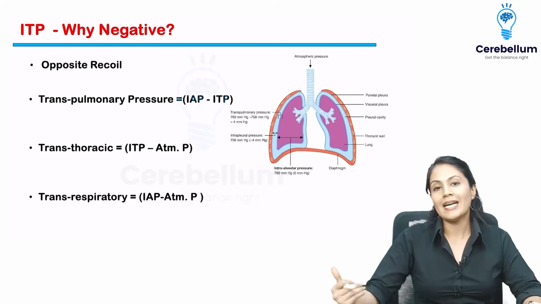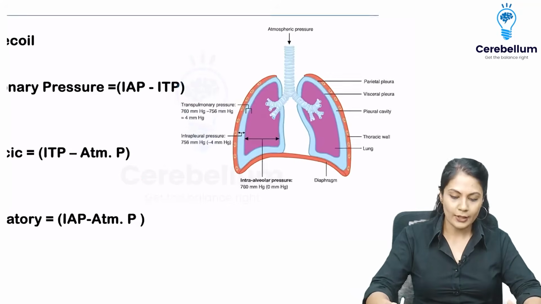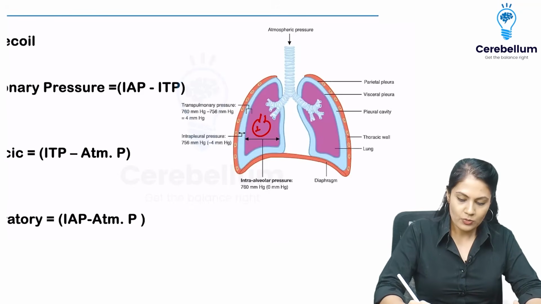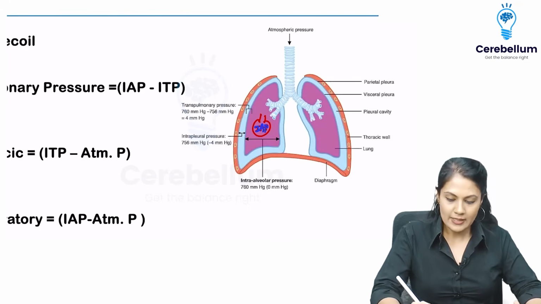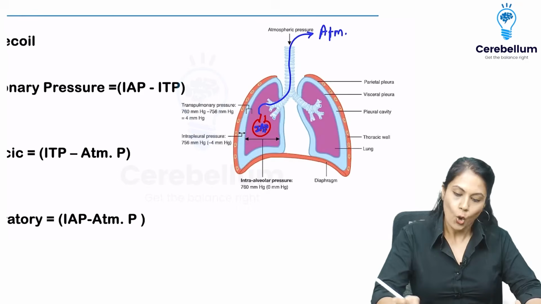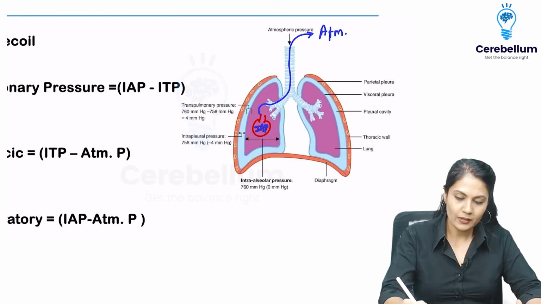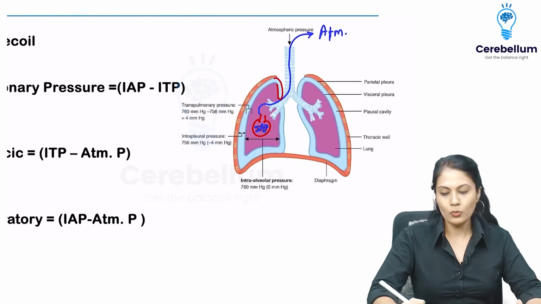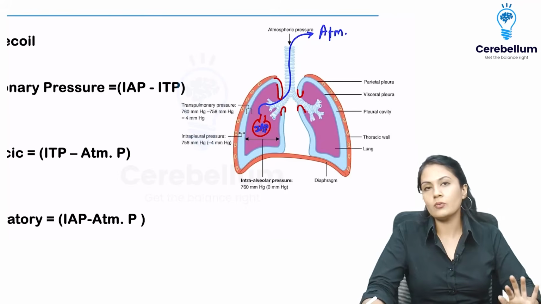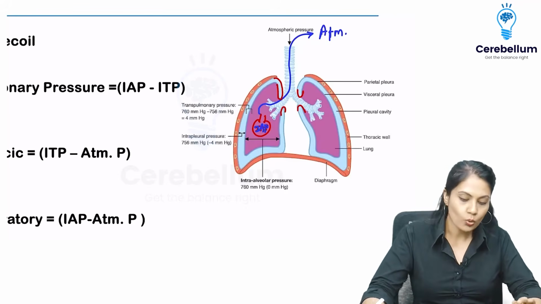Let's come on to the ITP. Why is it negative? If I draw the alveoli over here, I have the intra-alveolar pressure, which is finally connected to the atmosphere, called an open system. But if you look at the pleura, this is the pleura which is merged at the hilum, so it is not connected with the atmosphere, and that's why it is the closed system.